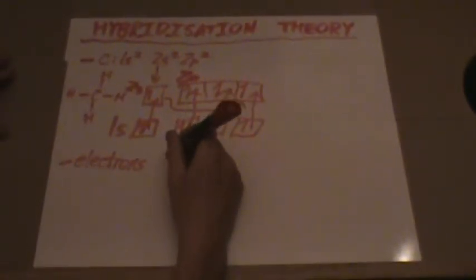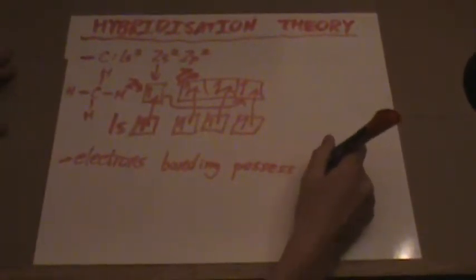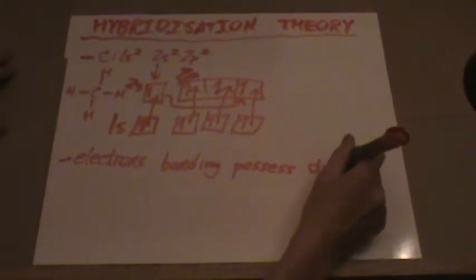So electrons bonding possess different energies.